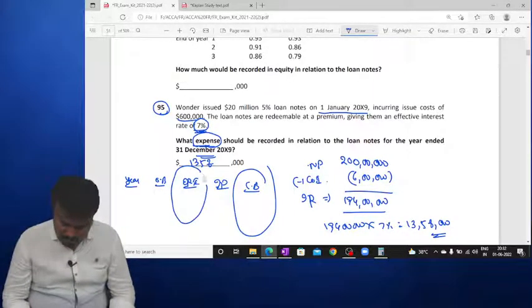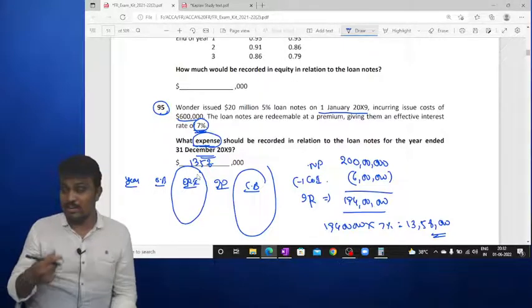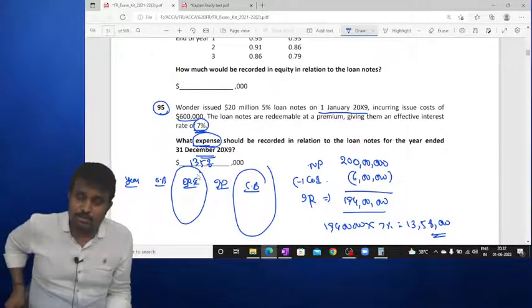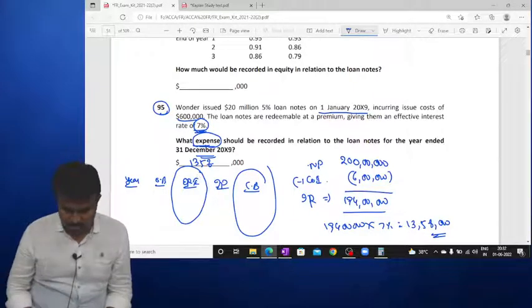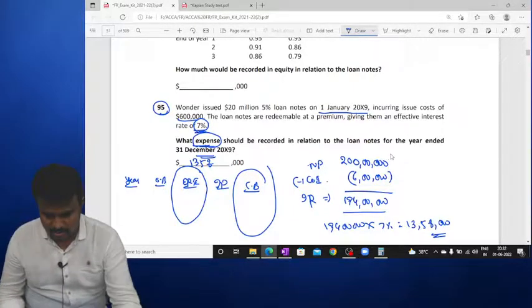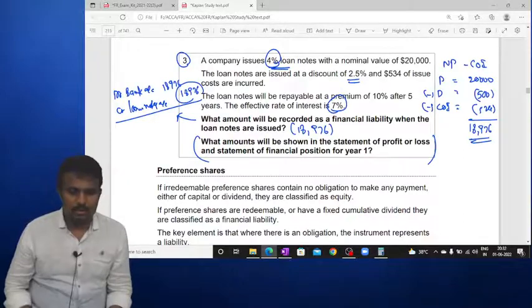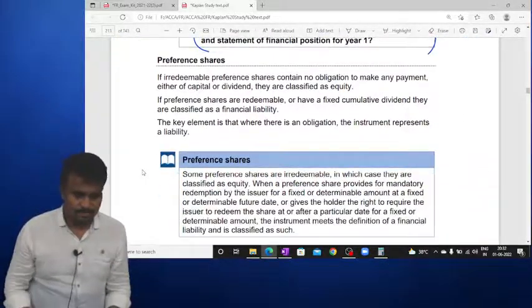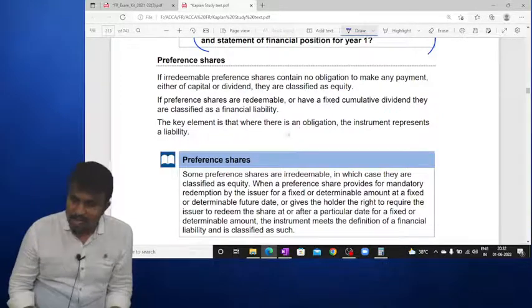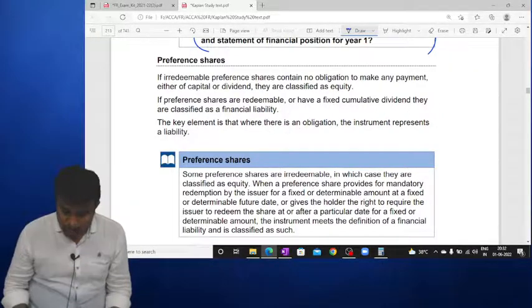The effective rate of interest amount is the expense to be shown in the statement of profit and loss as a finance cost. Clear? So this is the loan notes related case. Then coming to the preferentials.